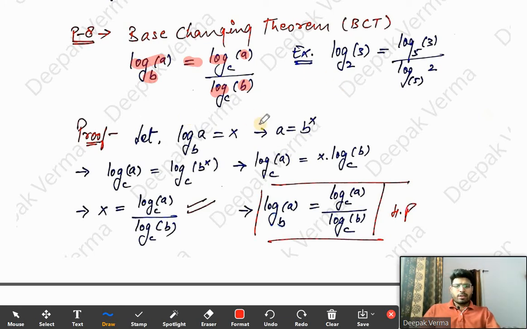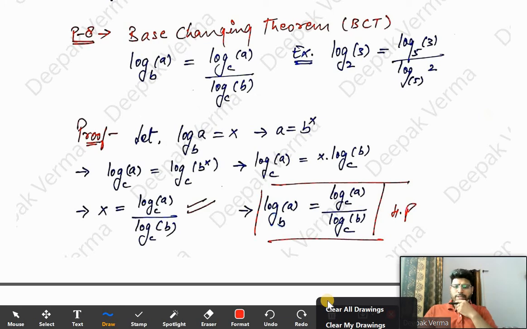Actually it depends on the question, what base is demanded by the question. Like if we have log 3 base 2, we can write log 3 over log 2, and we are introducing base 5 here. That is our choice. We can introduce any new base here.